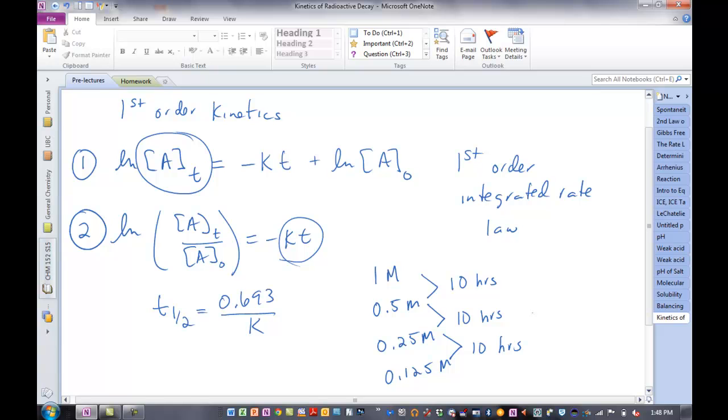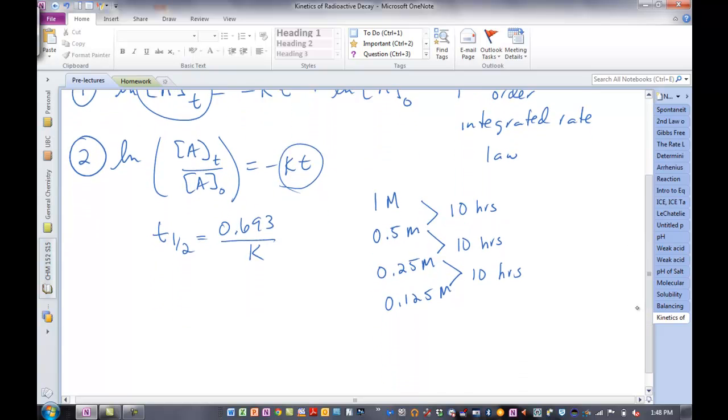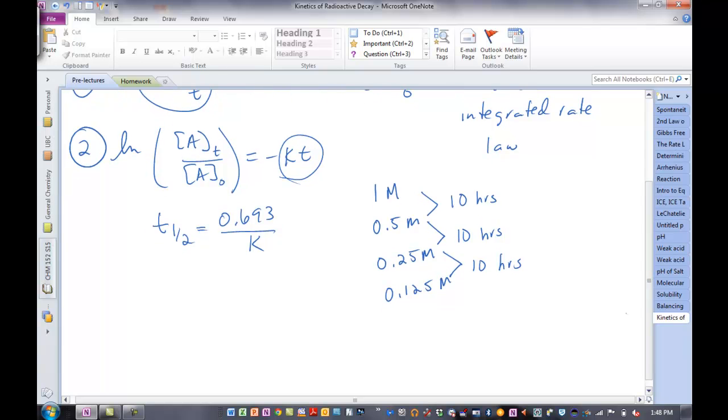Now, you've worked problems like this before, so I'm not going to spend really any time, but I want to point you in the right direction on one of the take-home quiz problems. Okay? So you have a couple of these in the take-home quiz, and of course there will be a couple in the pre-lecture quiz that you can work. But take a look at problem 15 on the take-home quiz. Now, sometimes what makes the radioactive decay ones a little bit difficult is to express the amount of a radioactive substance. A lot of times we talk about how many counts per amount of time per amount of substance. That seems like a big mouthful.